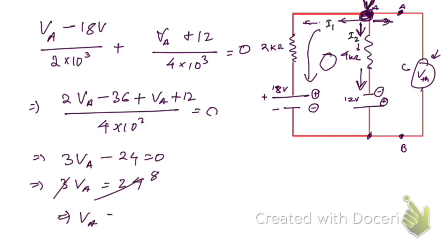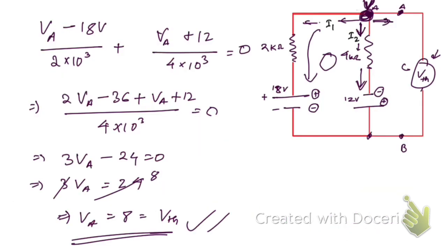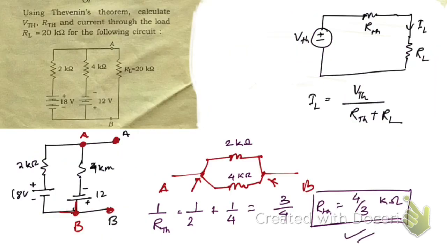So VA is equal to 8, and here it's going to be the VTH. Hope you have got this one. That's what we needed to find, VTH and RTH. This is RTH and this is VTH.